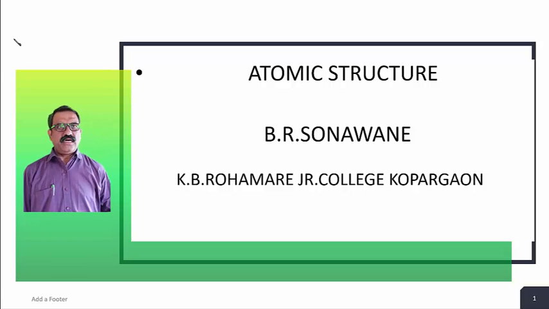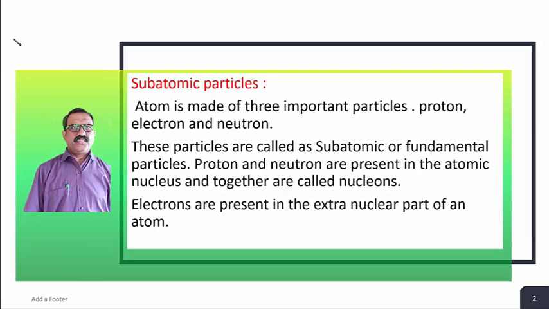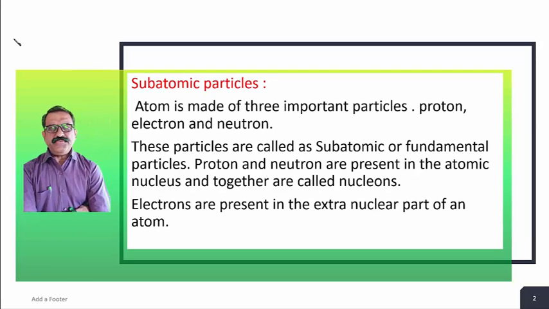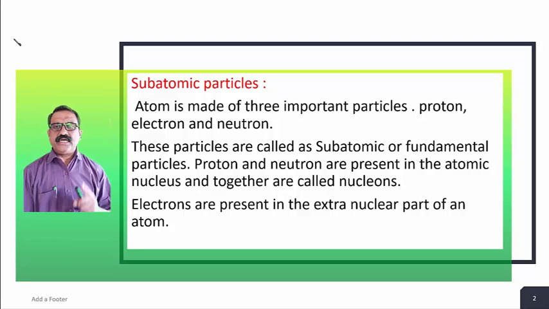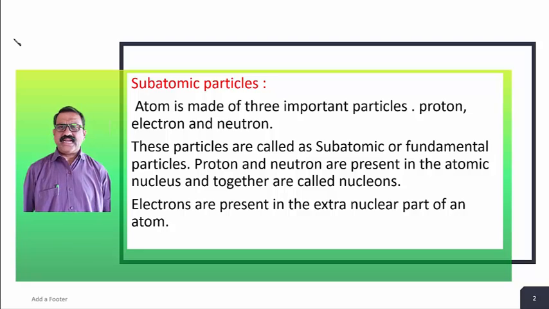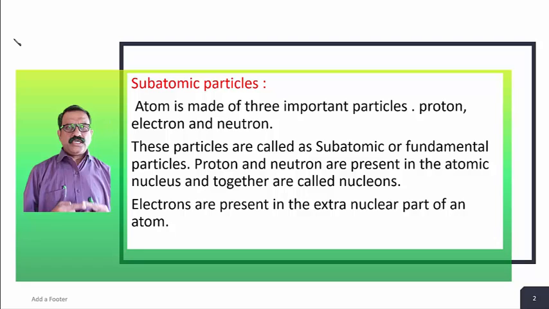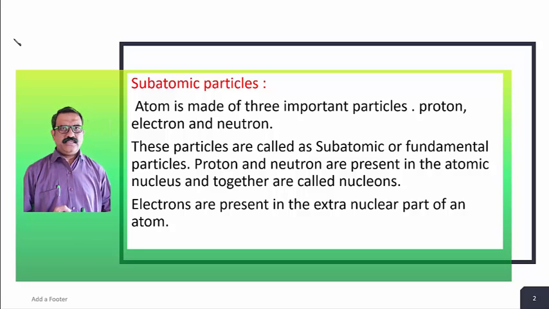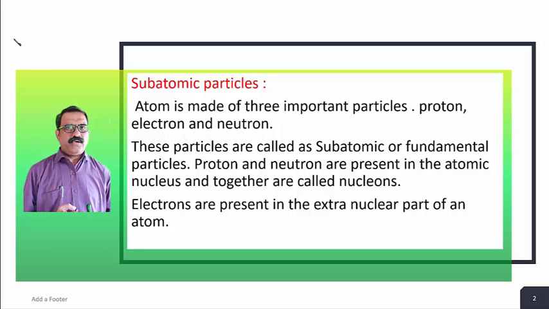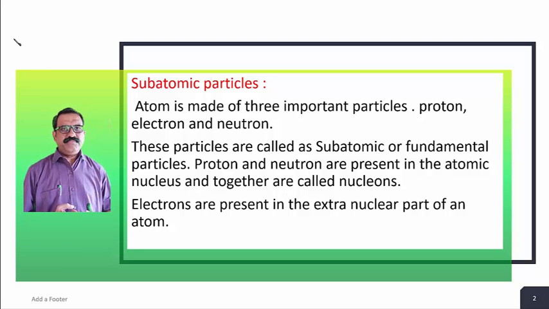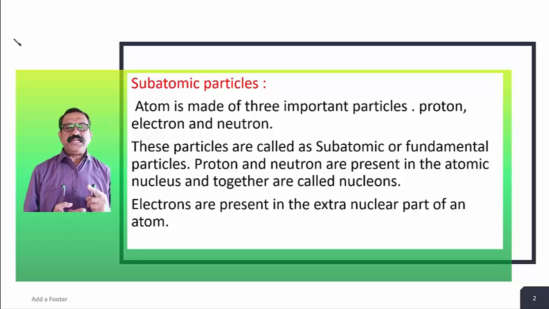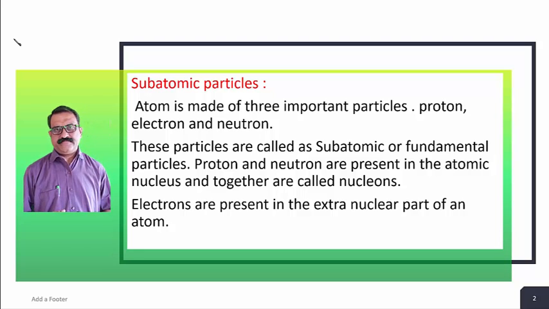Atom is the smallest individual particle of an element. That is, atom is the smallest particle. Though it is the smallest particle, atom contains different particles.